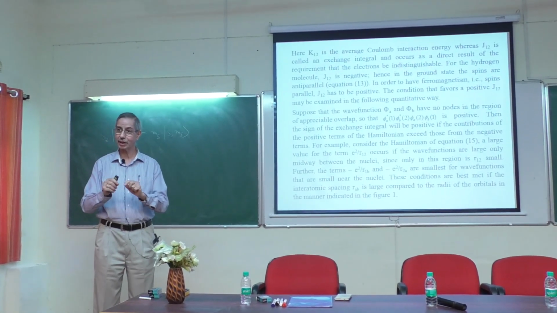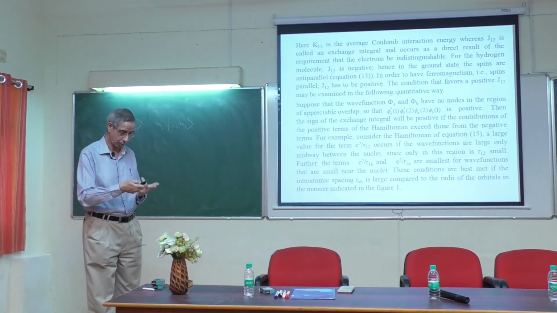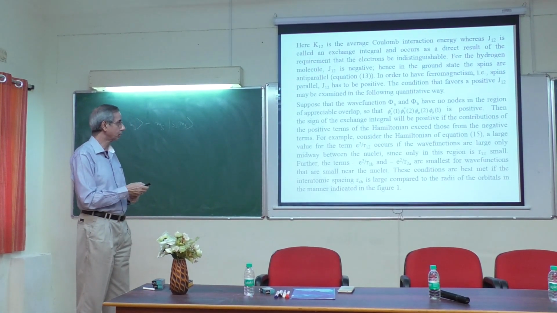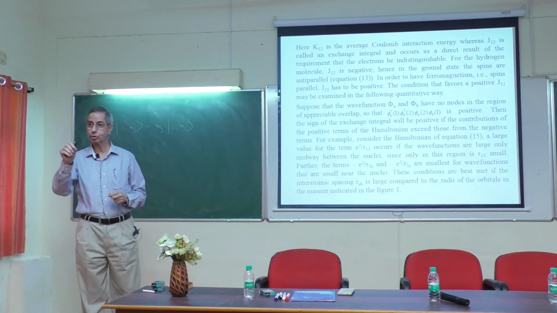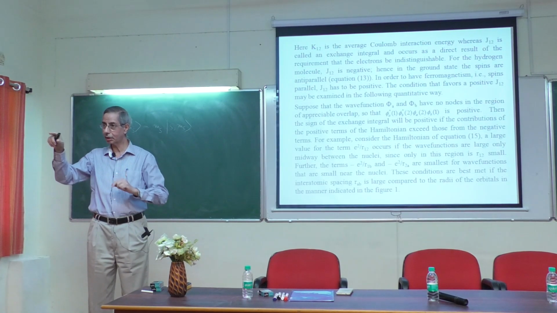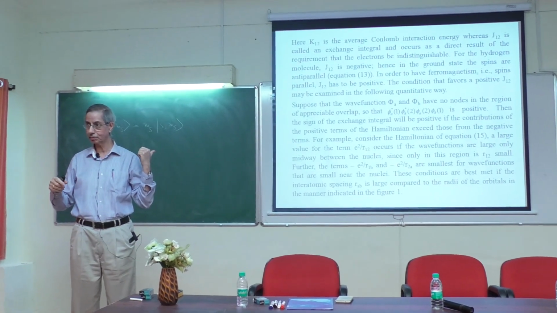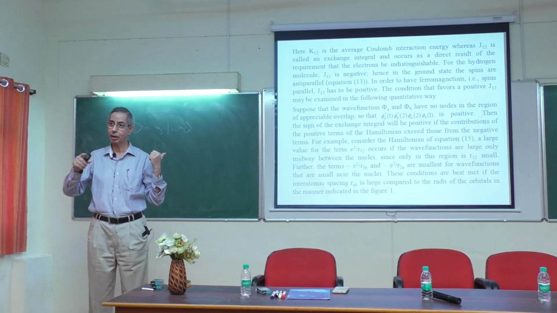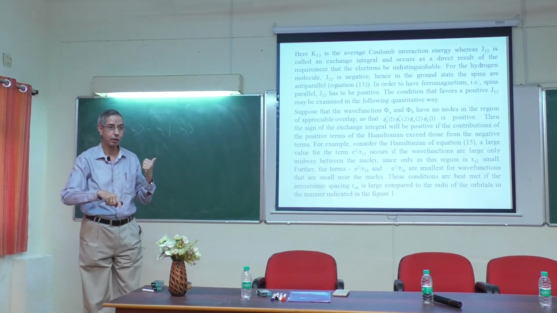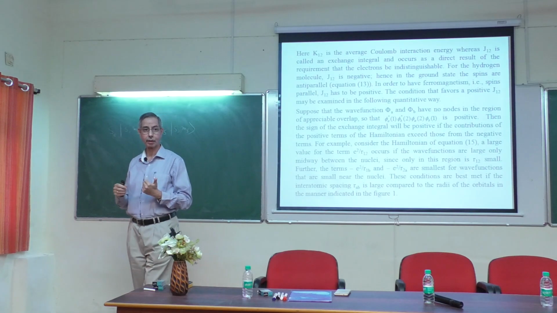It will finally decide whether the total J12 is positive or negative. The two terms, RAB, which contains RAB in the denominator, and R12. R12 we showed has to be minimized, by the fact that the wave functions are peaked around midway between the two nuclei.